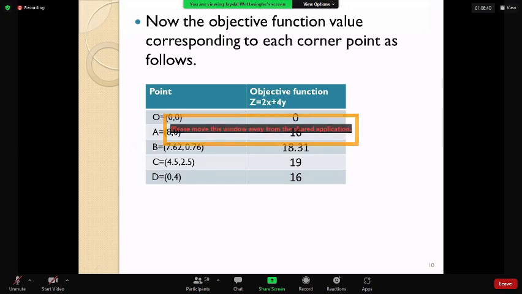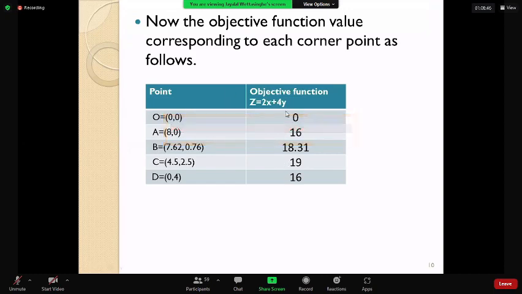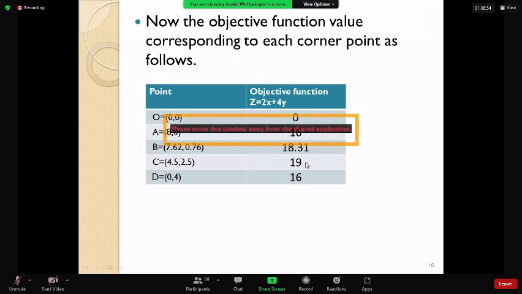Then we want to find the maximum Z value. Once we substitute these coordinates into the objective function, we have a list of values. Out of these values, we have to find the maximum one, that is 19, we can see. So this is the maximum Z.